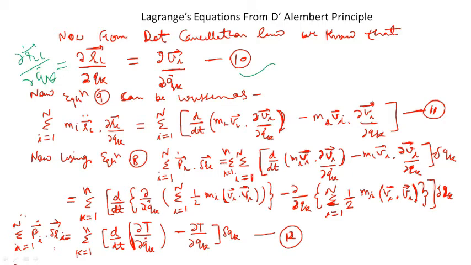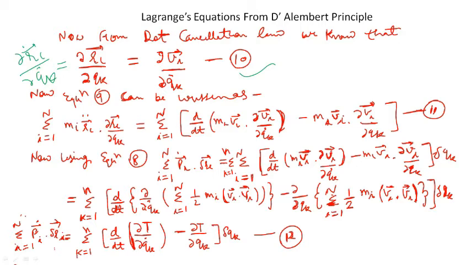So our term, sigma i from 1 to N, mi r̈i dot ∂ri/∂qk, becomes sigma i from 1 to capital N, d/dt of mi ṙi, which can be written as vi, and ∂ri/∂qk can be written as ∂vi/∂qk dot, minus mi ṙi, which can be written as mi vi, into ∂ṙi/∂qk, which can be written as ∂vi/∂qk, right?